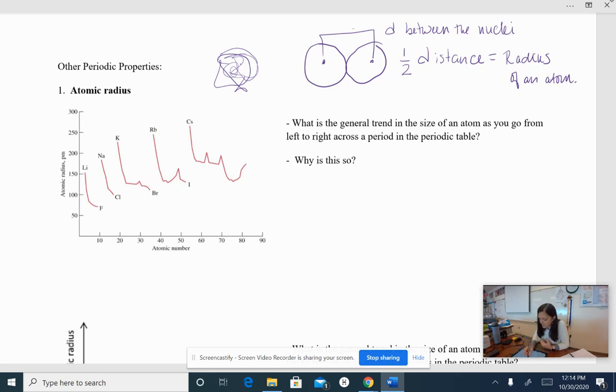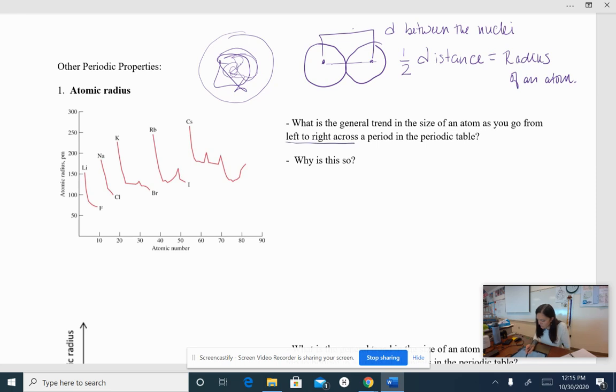Because of the electron cloud model, we really can't define an edge of an atom unless it's bonded to another atom. Okay? So we take half the distance between 2 nuclei that are bound together, and that creates our radius measurement.